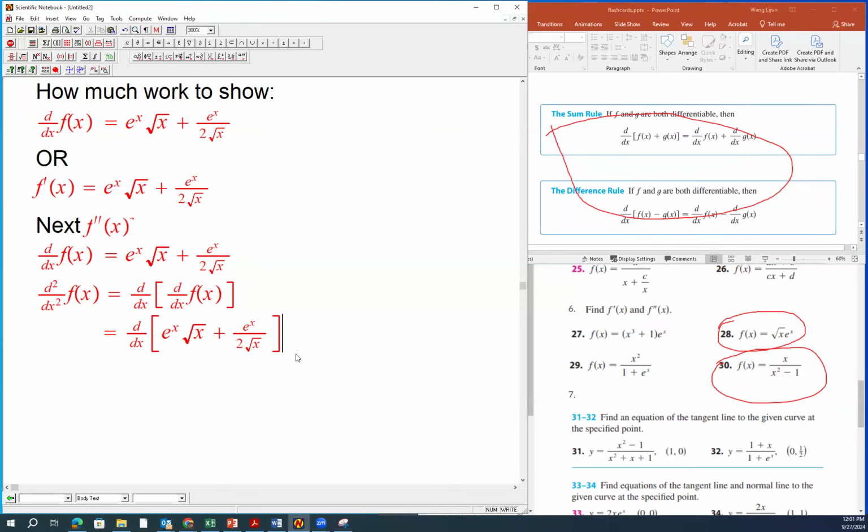So if we want to continue to use our product rule, I would write it this way. I would write it as half, and I'm going to bring this 2 over here. And because x is a denominator, I'm going to write it as x raised to the power of negative half.